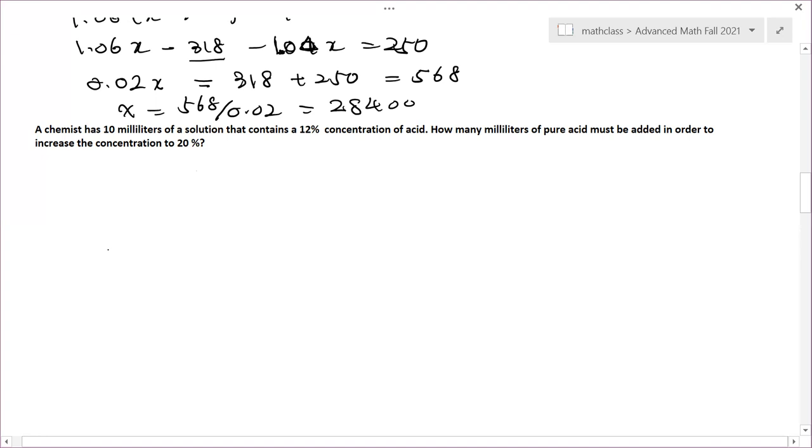The concentration percentage is going to be the amount of pure acid over the total amount of solution, multiplied by 100%. And that gives the concentration.